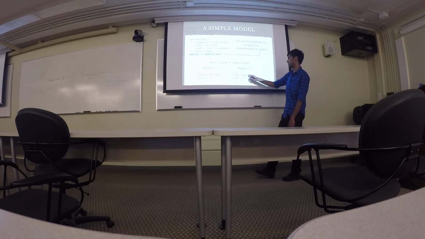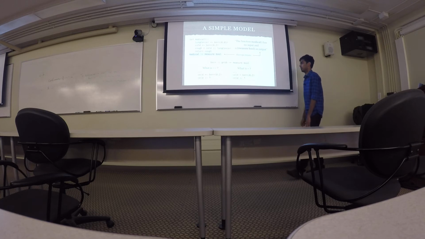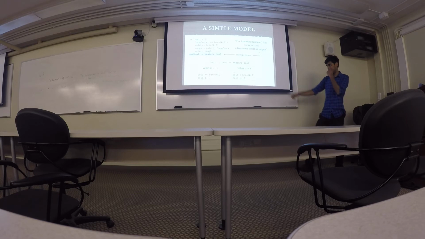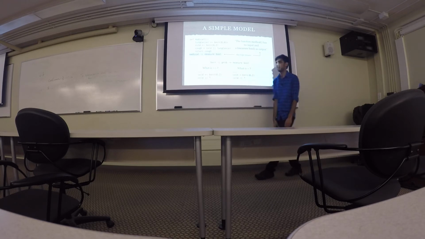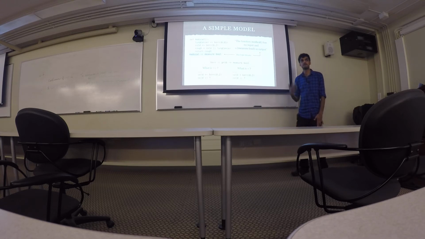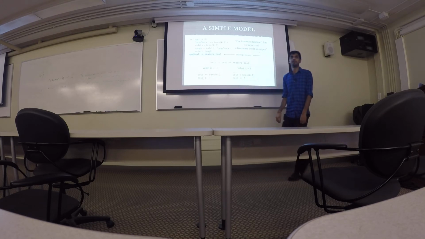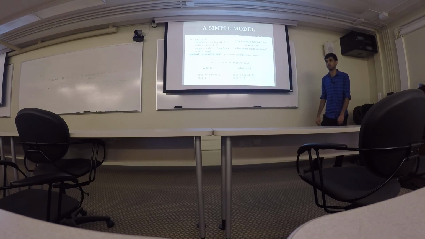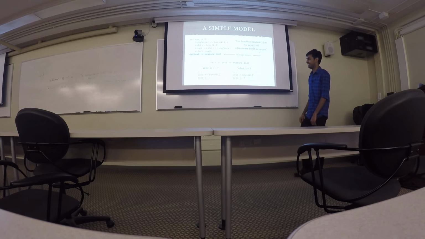So in this example, cold, are there any guesses for what the type of cold might be? Could it be a probability distribution? No. Is there any other guesses? Right, so it's a Boolean. So the type is a Boolean. That's right.